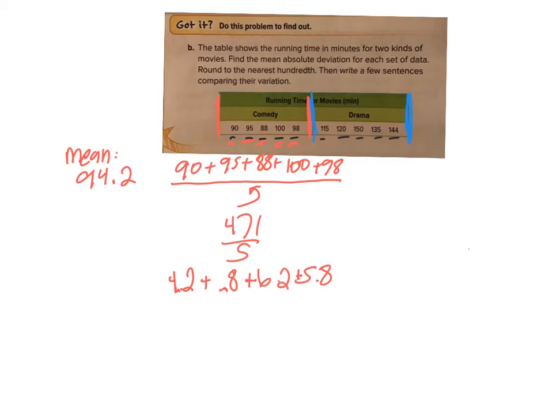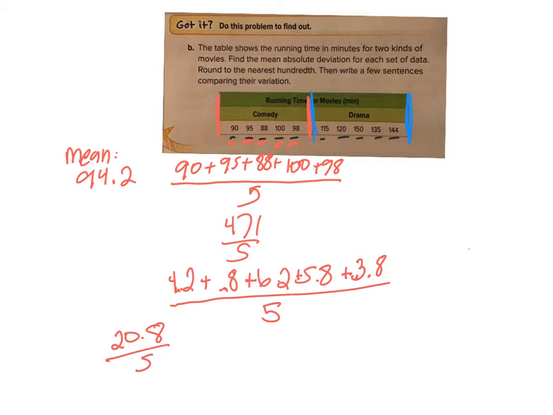I'm not writing these numbers very well. 98 minus 94.2 equals 3.8. Now I'm going to add all those together, and then I have to divide it by 5 because I want the mean or the average. 4.2 plus 0.8 plus 6.2 plus 5.8 plus 3.8 equals 20.8.